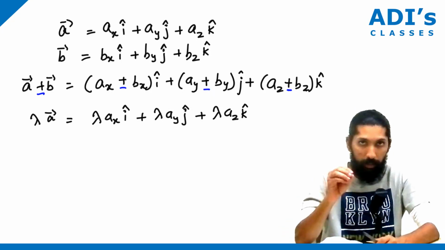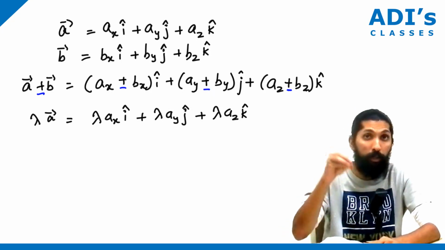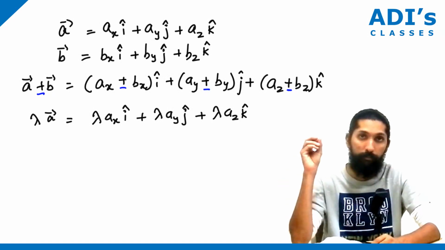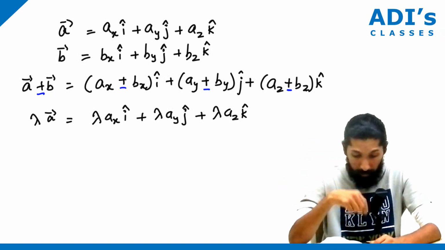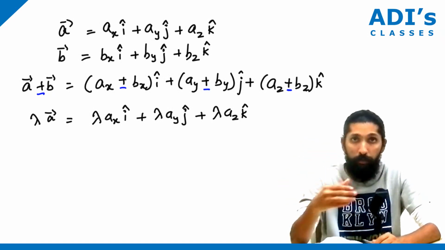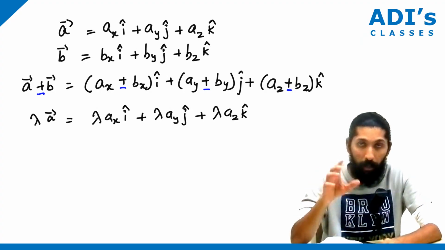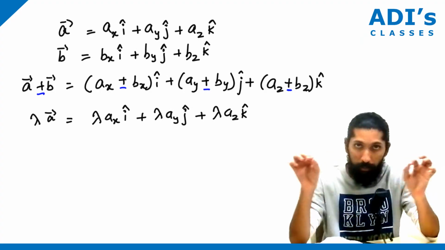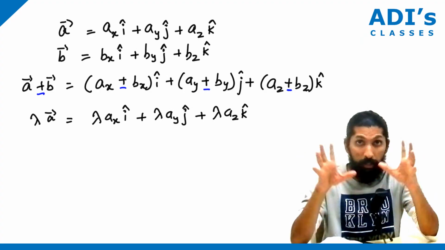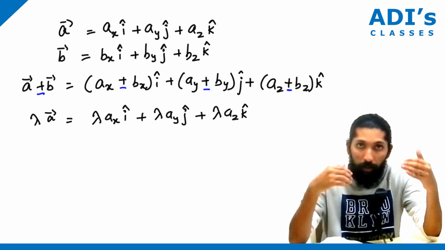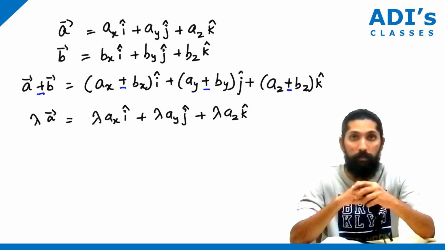The lambda value gets multiplied to each and every component of the vector. Clear? So whenever we look into the components and the distance between the 2 points in a space, this is how you have to imagine how we get the distance.